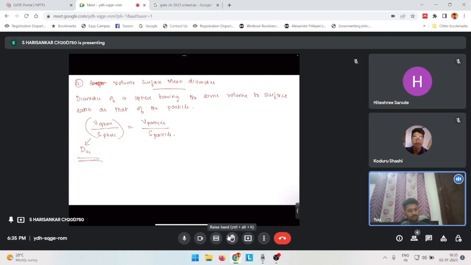And to represent this, we can write dvs is equal to 1 by sigma of xi by dpi. So this will be the volume surface mean diameter. Another name that this is known as is the Sauter mean diameter. Right?